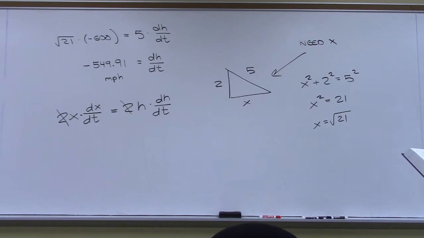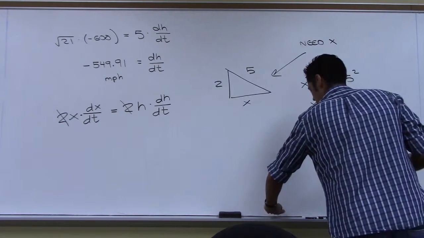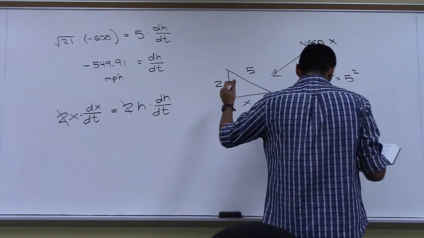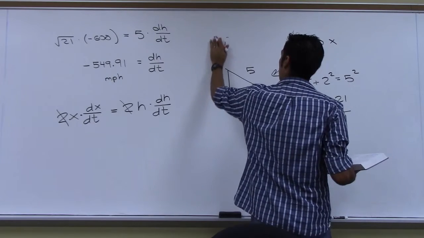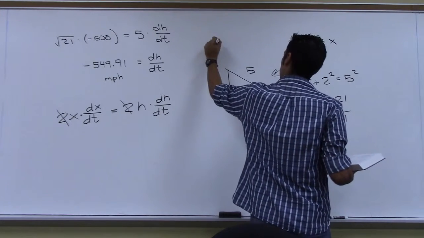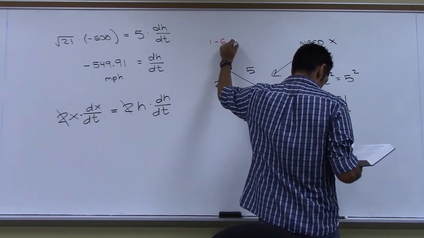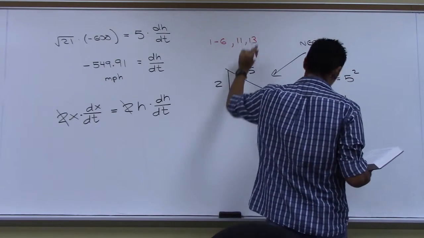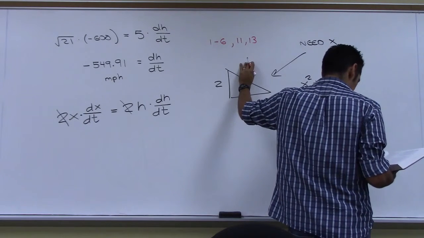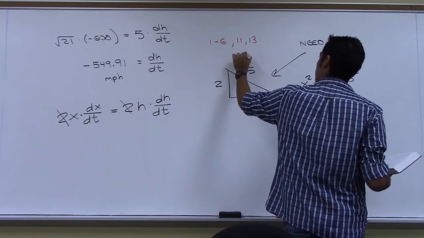Here are the ones from the homework that I think you should take a look at now. 1 through 6, sorry. 1 through 6. 11, 13. And if you're really brave, 14.